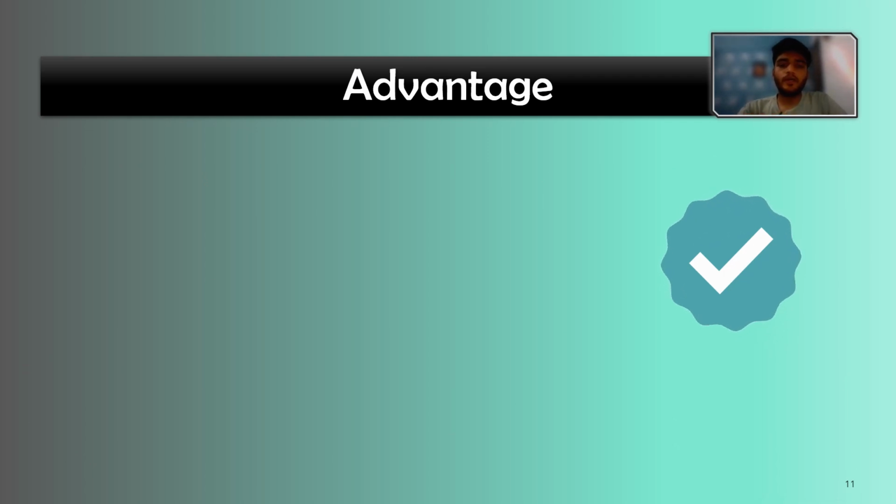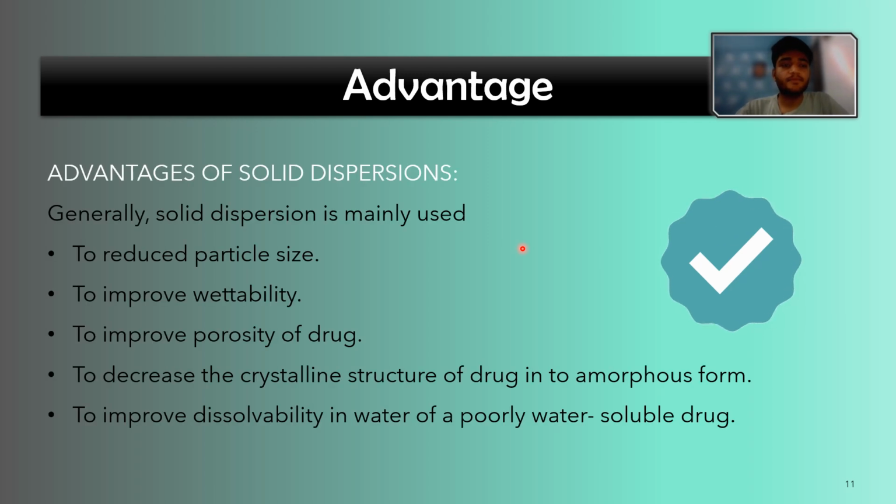So now coming to the advantages. Here you can see that a tick mark is there. That means, what are the advantages of the solid dispersion technique? Generally, solid dispersion is mainly used to reduce particle size, improve wettability and porosity of the drug, and decrease the crystalline structure of the drug into amorphous form.